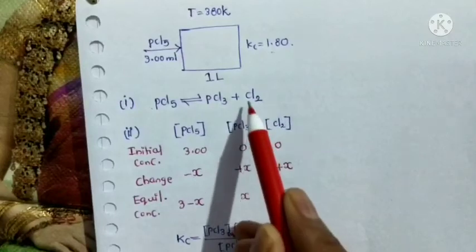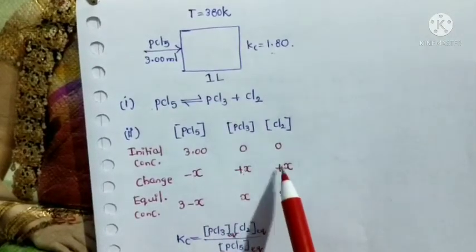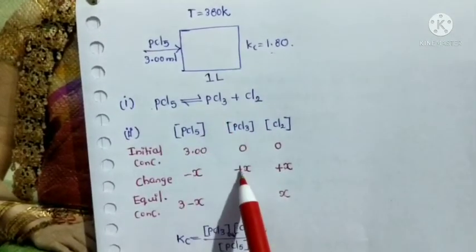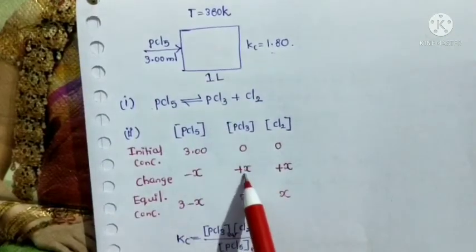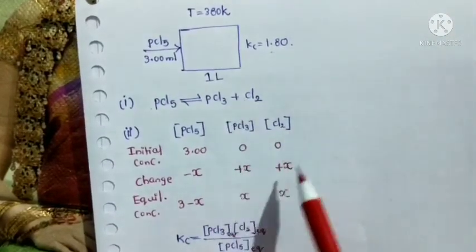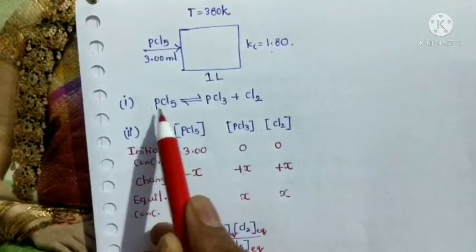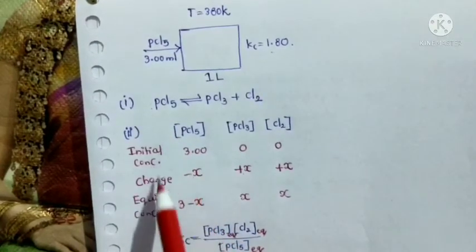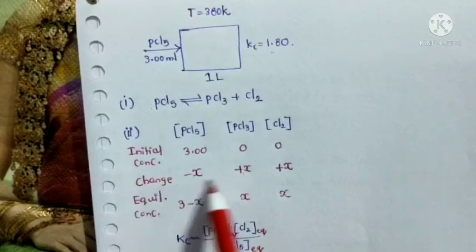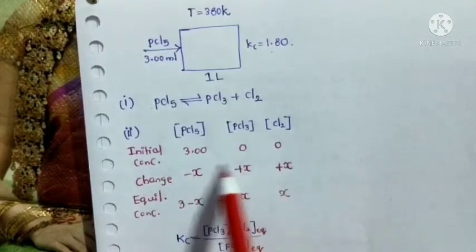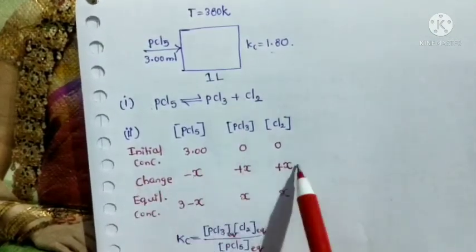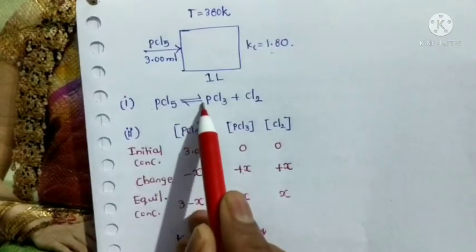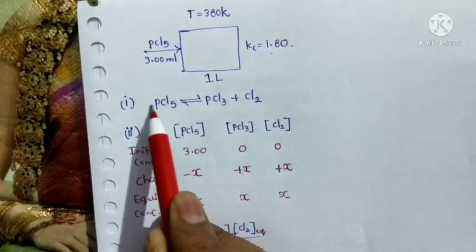For example, where the coefficient is 2 we take 2X, where 3 we take 3X, where 4 we take 4X. The change in concentration depends upon the stoichiometric coefficients.